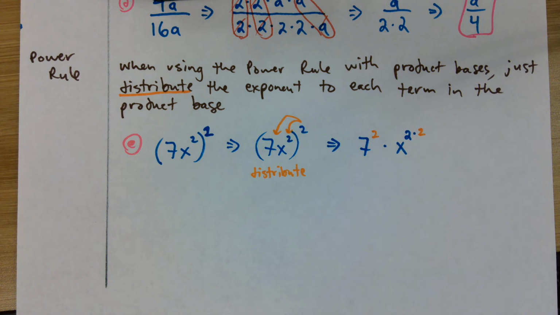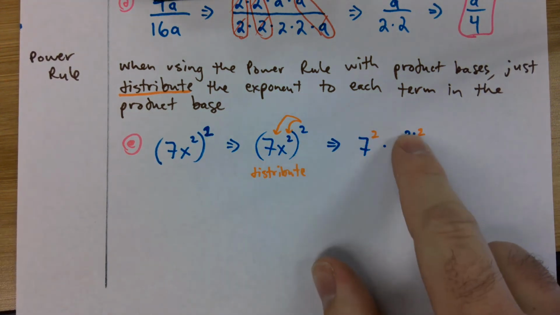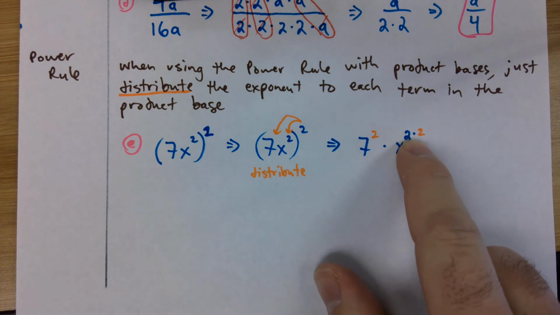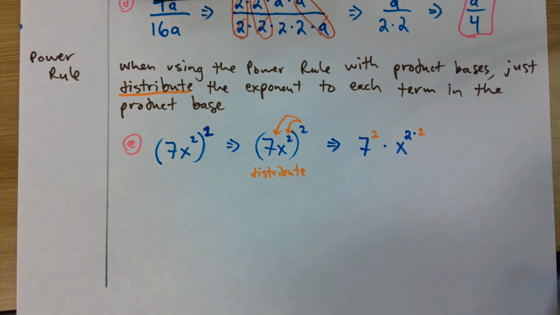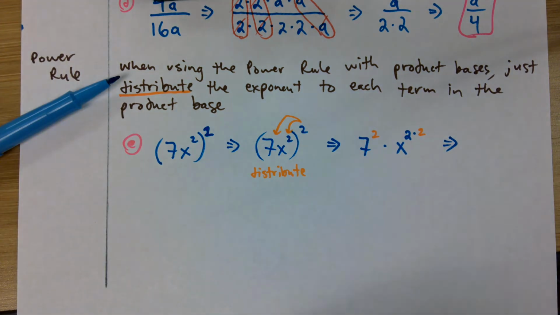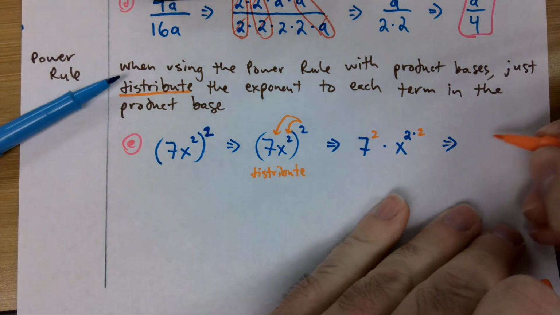And that's what we get up to this point. It's not our answer, but that's where we get to. So we distribute that outside 2. The 7 gets an exponent of 2, and the x squared gets an exponent of 2. It already has that 2, so we're going to multiply them, just like our power rule taught us. 7 squared gives us 49.